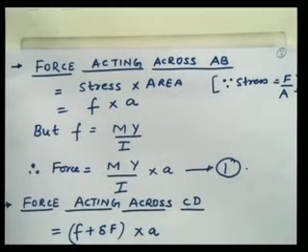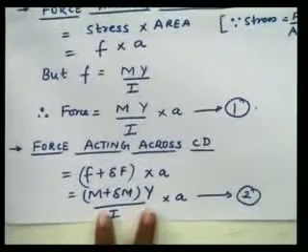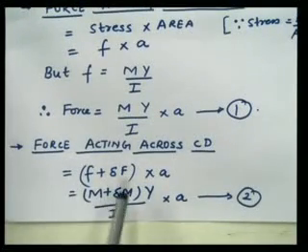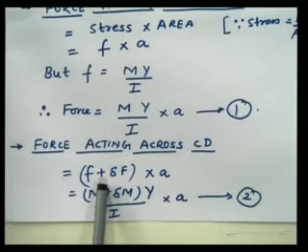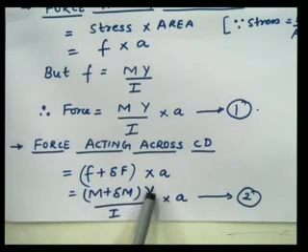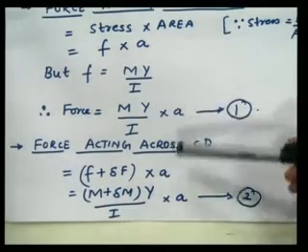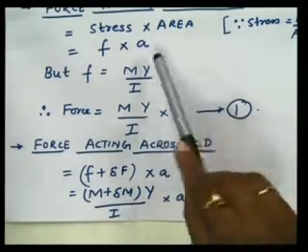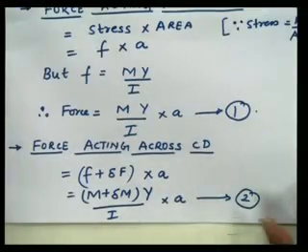Similarly, the force acting across the section CD will be (F plus delta F) into area A, and the bending stress can be replaced by our equation (M plus delta M) into Y upon I. So we are getting two equations for forces across section AB as well as across section CD.